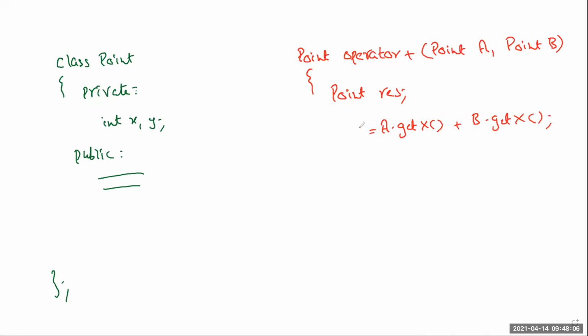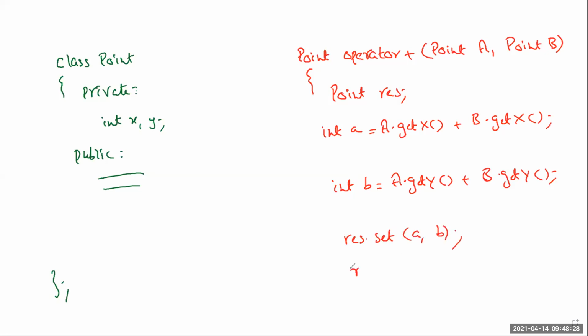Why? Because this was outside the class. Similarly, a dot get y plus b dot get y. And then you were writing result dot set with the two values, and return result. This is what we were doing with a non-member function.